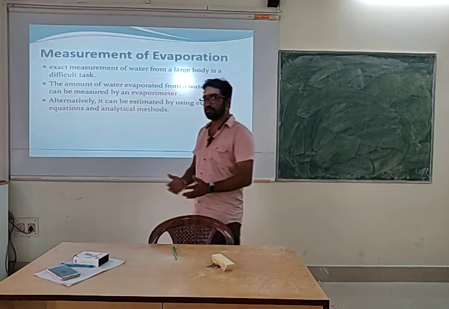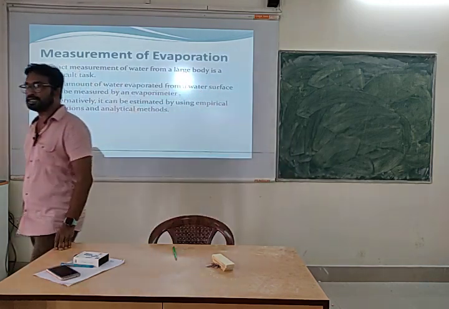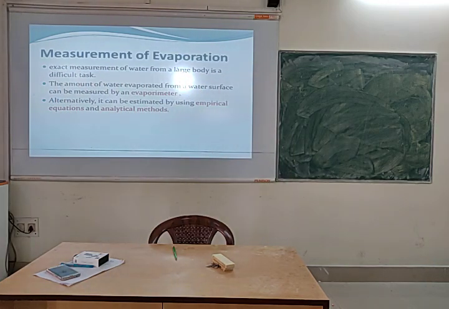Similarly, we can store some water in a particular pot, where we know the amount of water present in it. After a certain time, we can see the change in the depth.